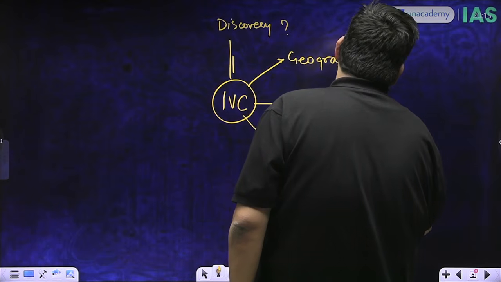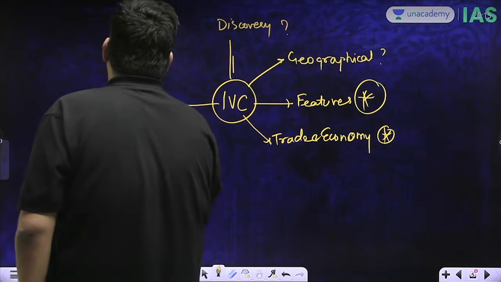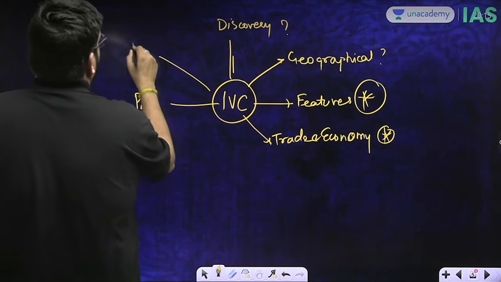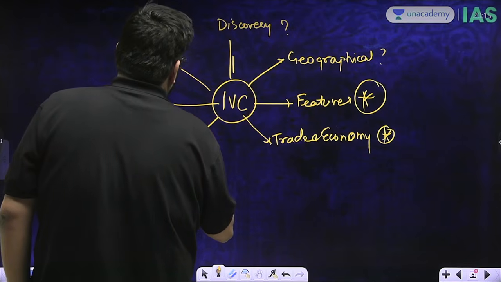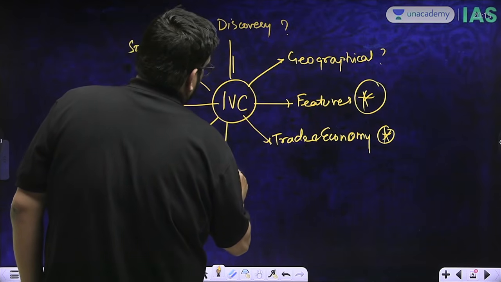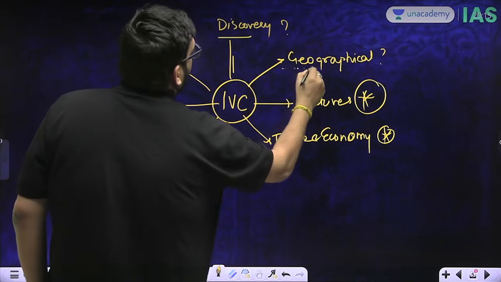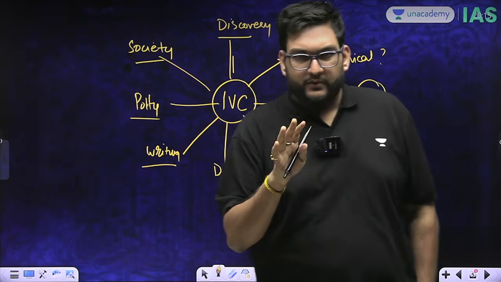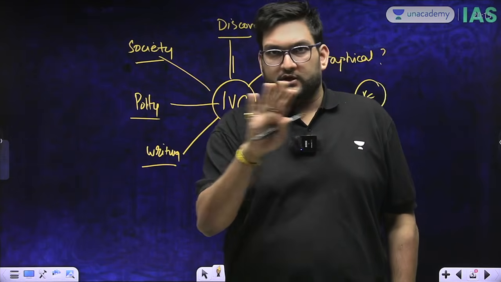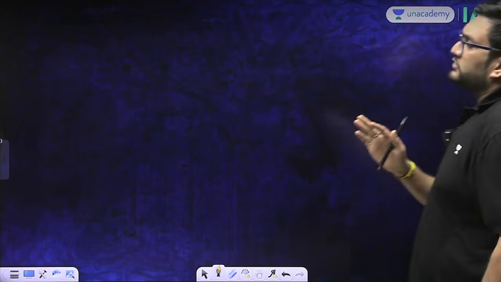Again, UPSC has asked questions out of this area, very important. Then we have polity, we have society, we have writing, and we have decline. These are the basic things which make up this topic, and if you are able to cover this in the next 10, 15, 20 minutes with the basic understanding, you are sorted, and if you can understand it even better. Now, let's first talk about the discovery of the Indus Valley Civilization.